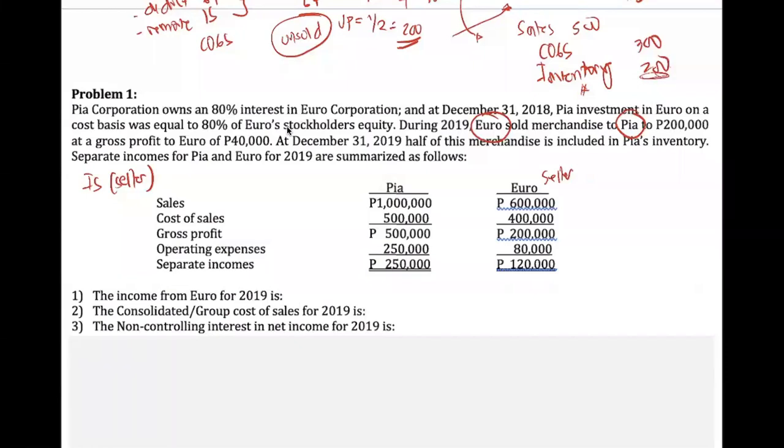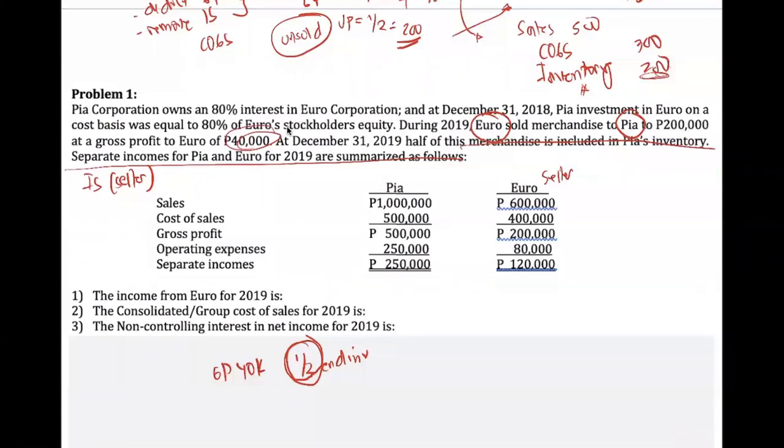Next, at a gross profit of 40,000, half of this merchandise is included in PIA's inventory. So 40,000 is his gross profit. Gross profit is 40,000. Half is the ending inventory. So what is unsold? Half.